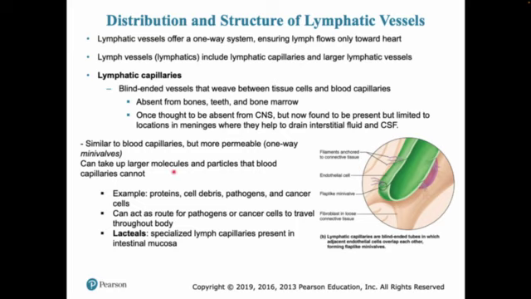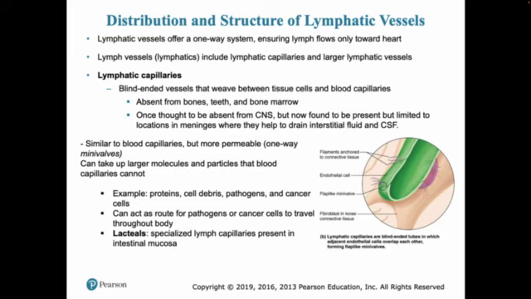Similar to blood capillaries, lymphatic capillaries are also permeable, and they also have mini valves just to prevent backflow. And they can take up larger molecules and particles that the blood capillaries cannot. For example, protein, debris, pathogens, and the most dangerous part, cancer cells.